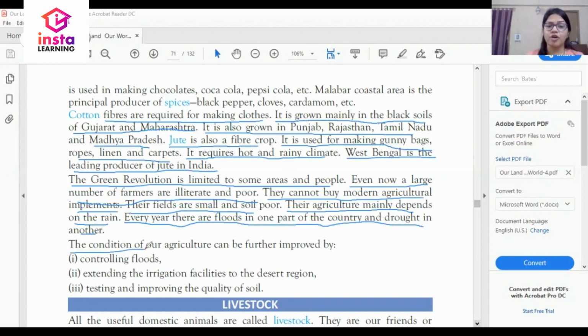The condition of our agriculture can be further improved by controlling floods, extending the irrigation facility to the desert region, testing and improving the quality of soil.